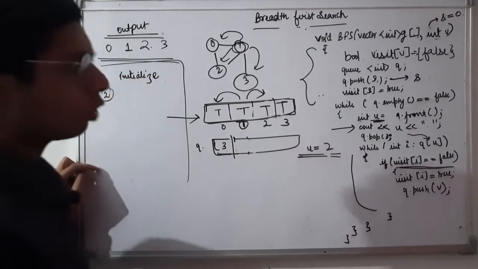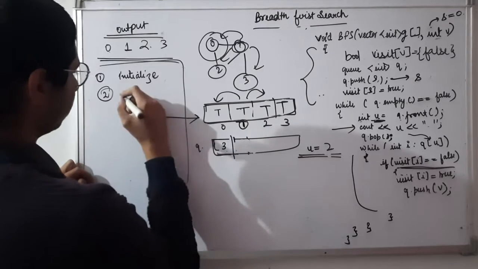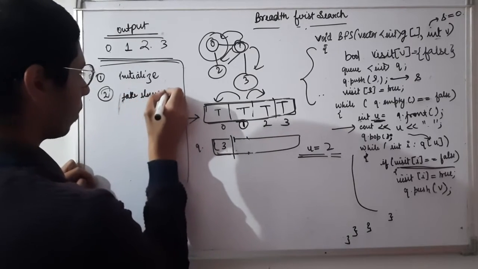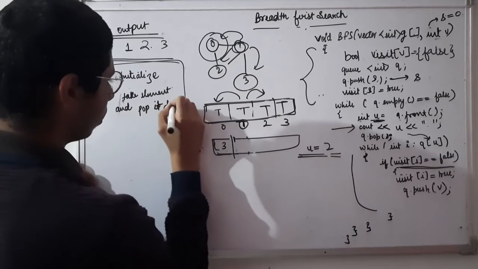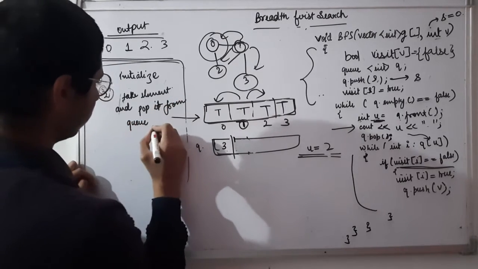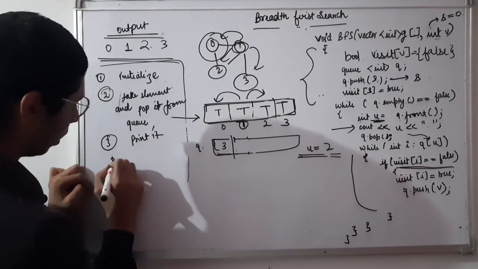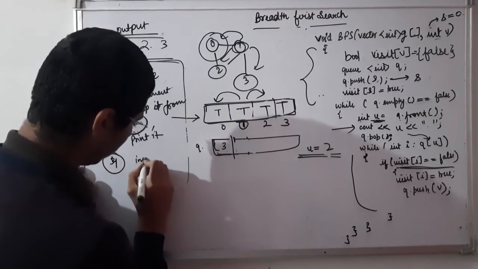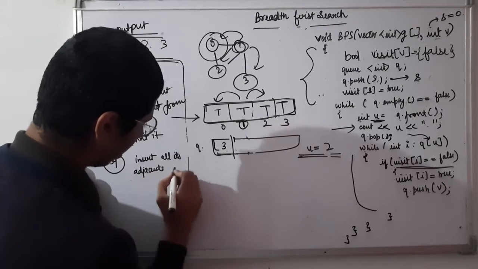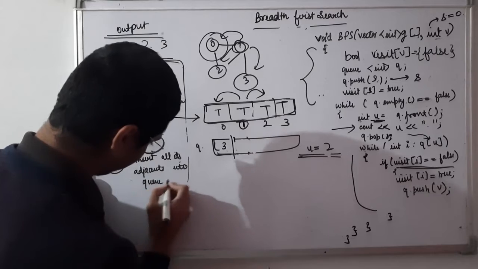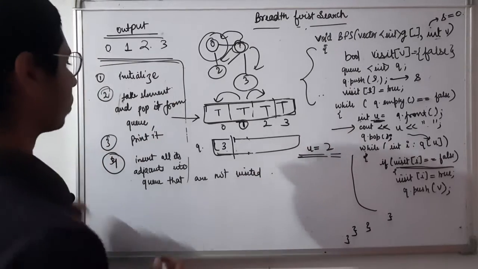In the second step, we take the element, pop it from Q, print it, and in the last step insert all its adjacents into Q that are not visited. These are the steps.